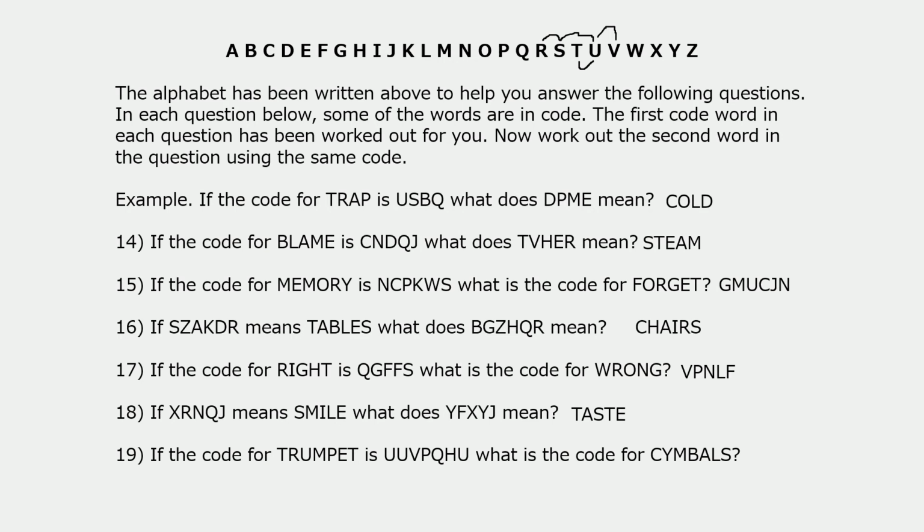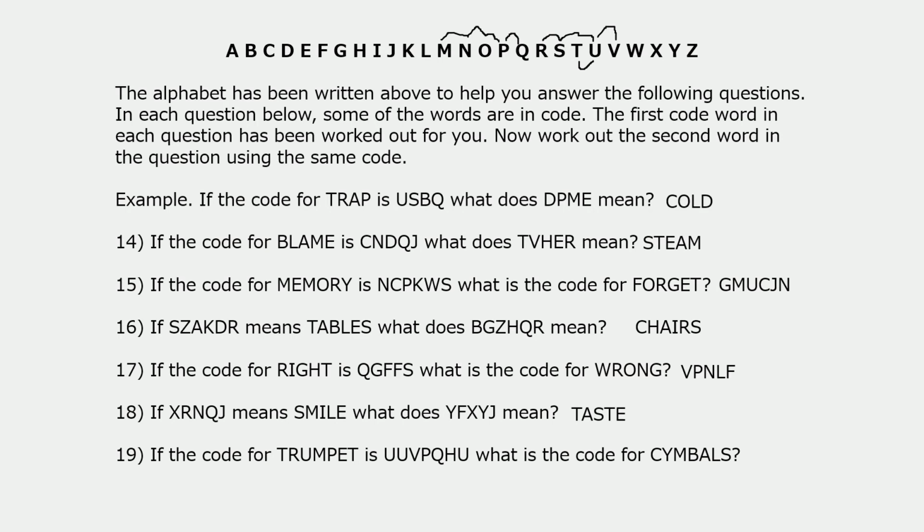M is to P, 1, 2, 3 forward. Now, what do you think I'm thinking? Well, I think that is 1 and then 3 forward alternately. Always forward. P is to Q, 1 forward.